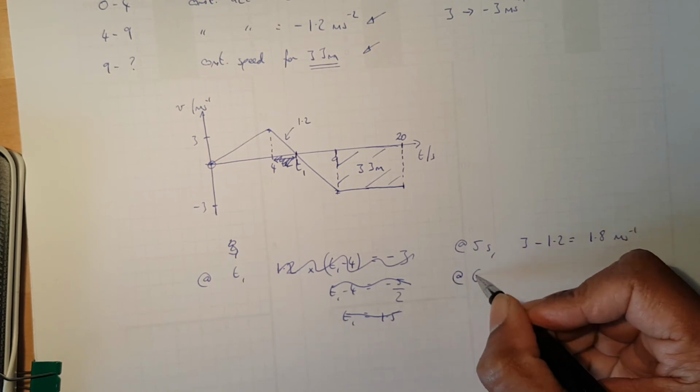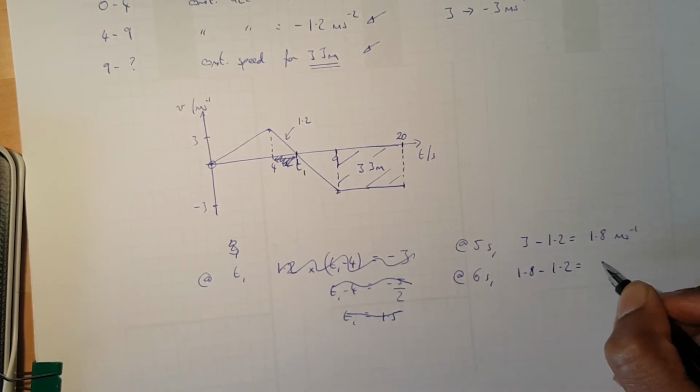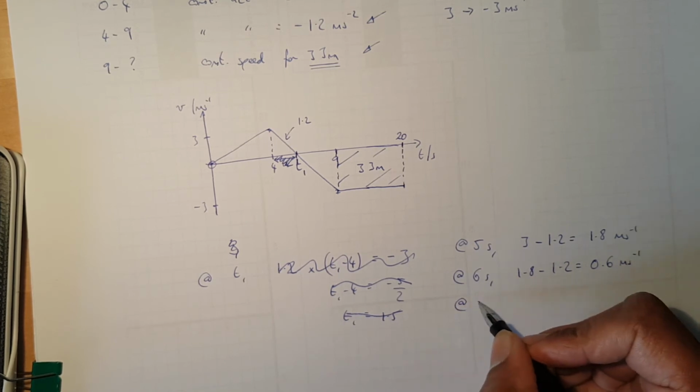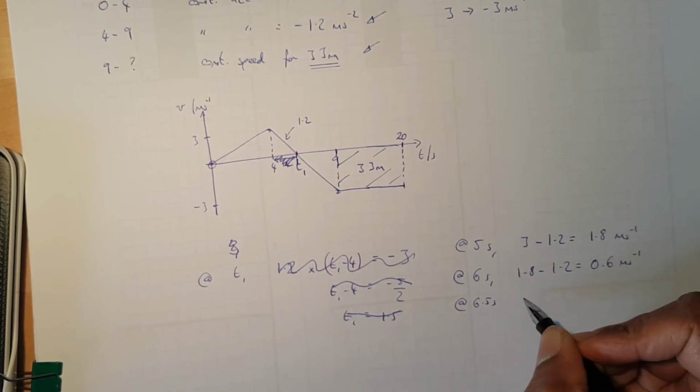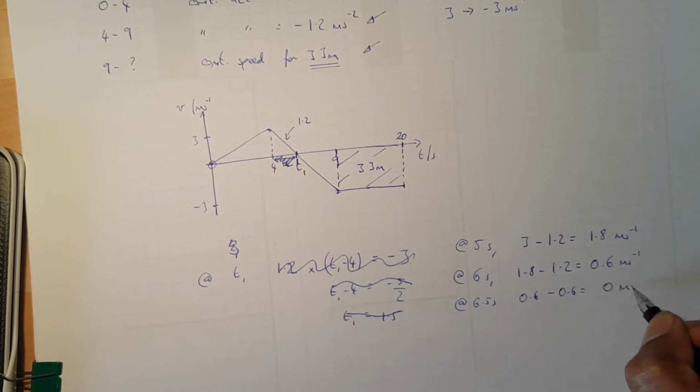At 6 seconds, I was at 1.8. It's gone down by another 1.2, so now it's 0.6 meters per second, and you can see clearly it's going to be 6.5 seconds. I'm at 0.6 minus another 0.6, which gives me 0 meters per second.